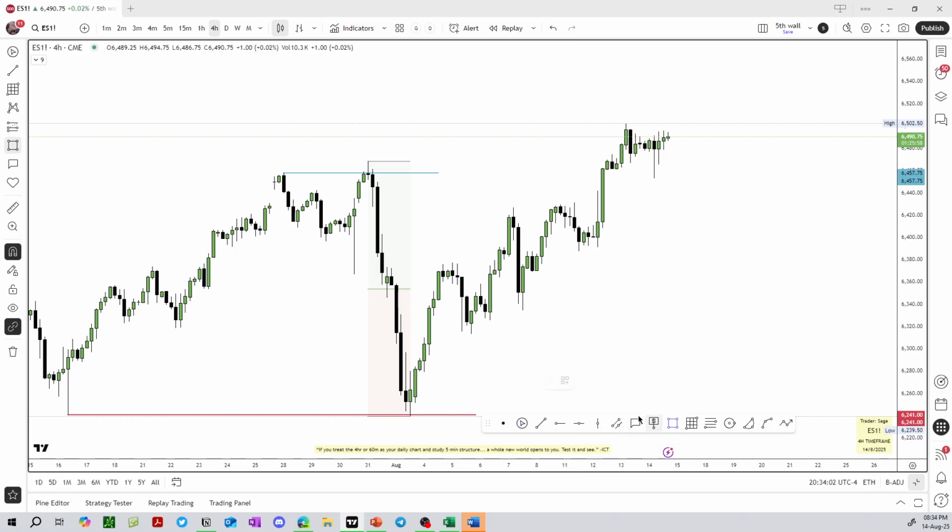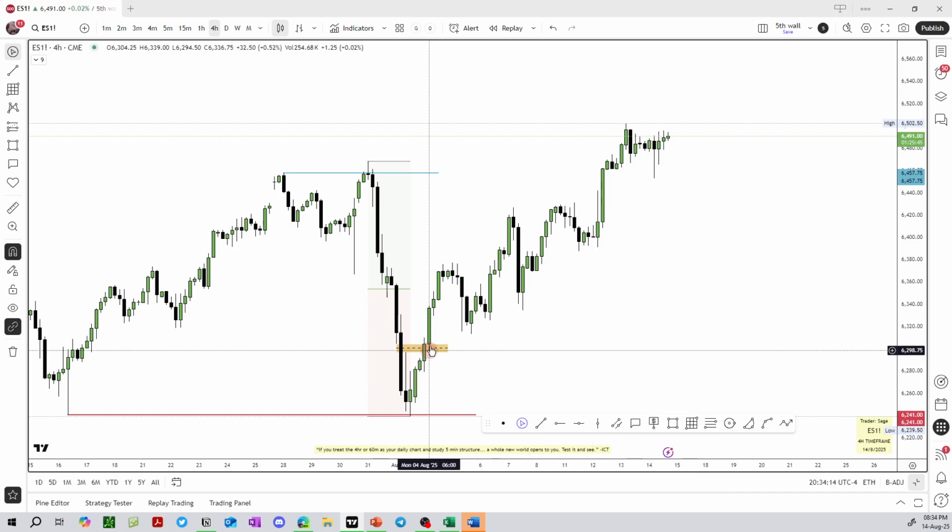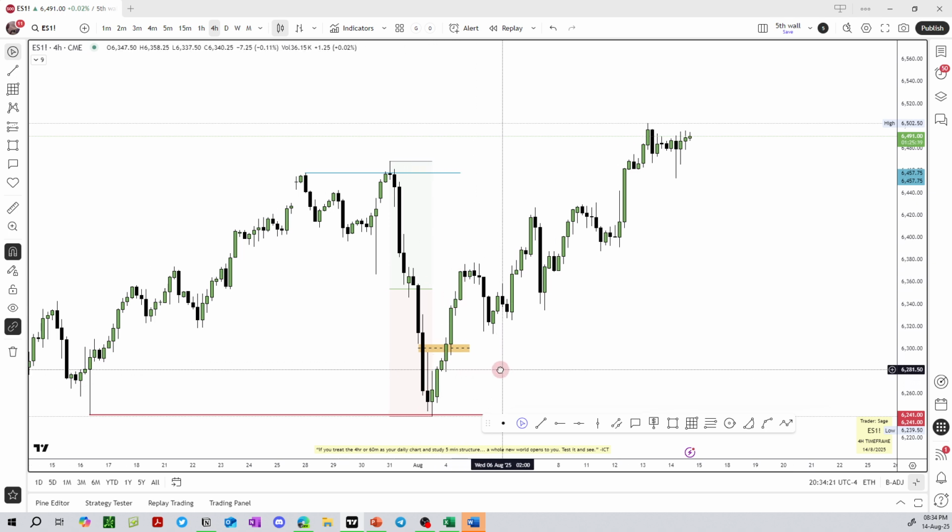You can highlight this bearish fair value gap, or this bearish fair value gap that turned into what? An inverted fair value gap. So this could be considered your low risk buy here, off this one time frame.